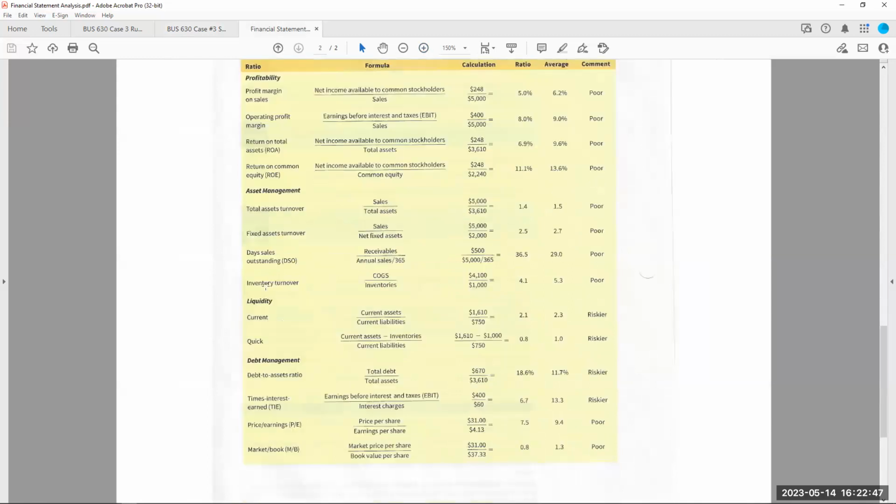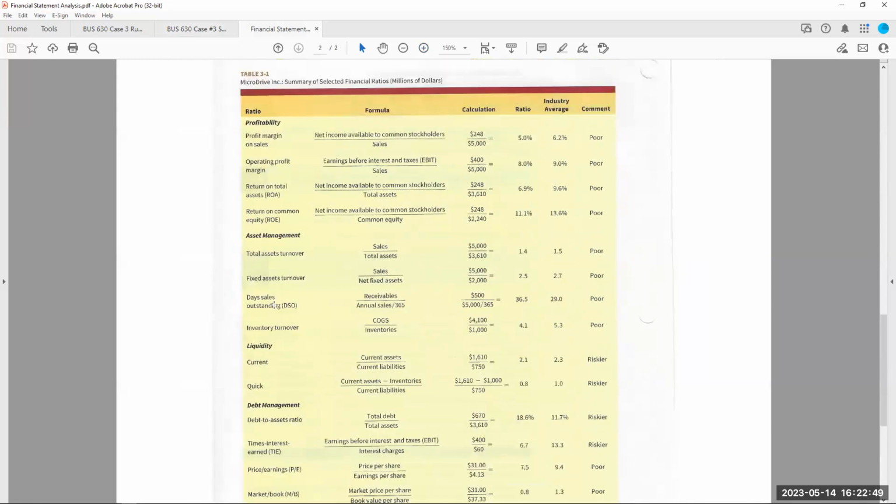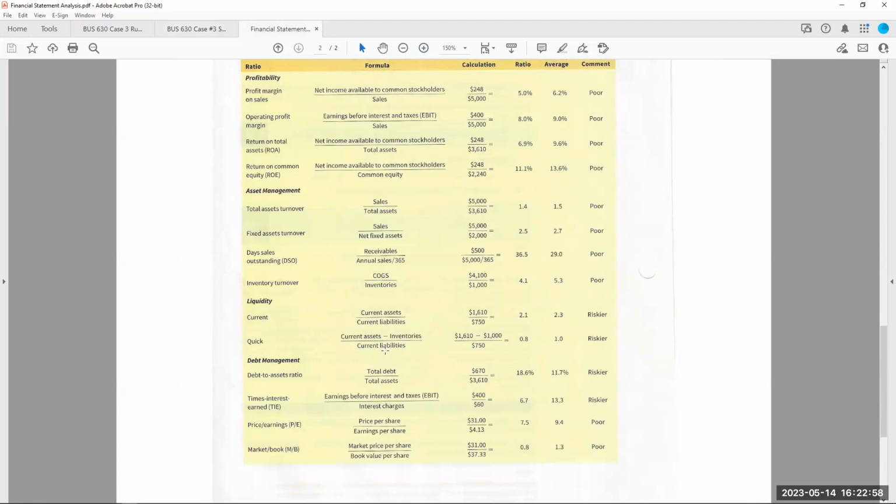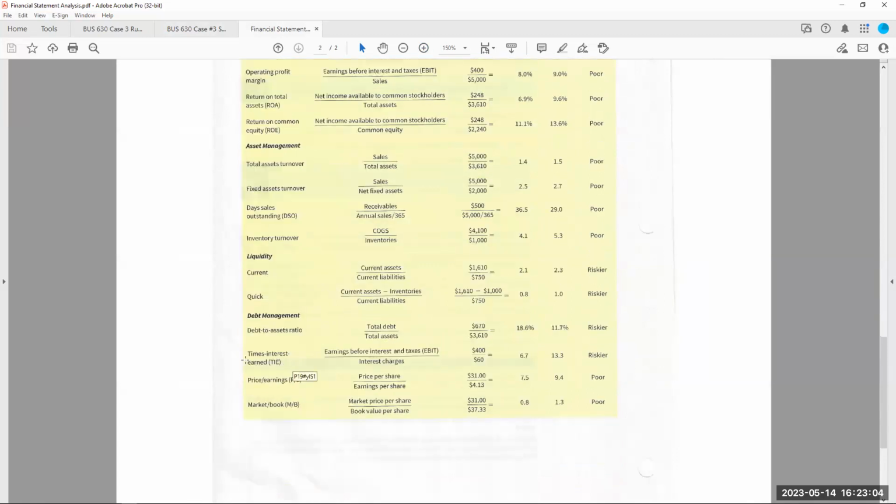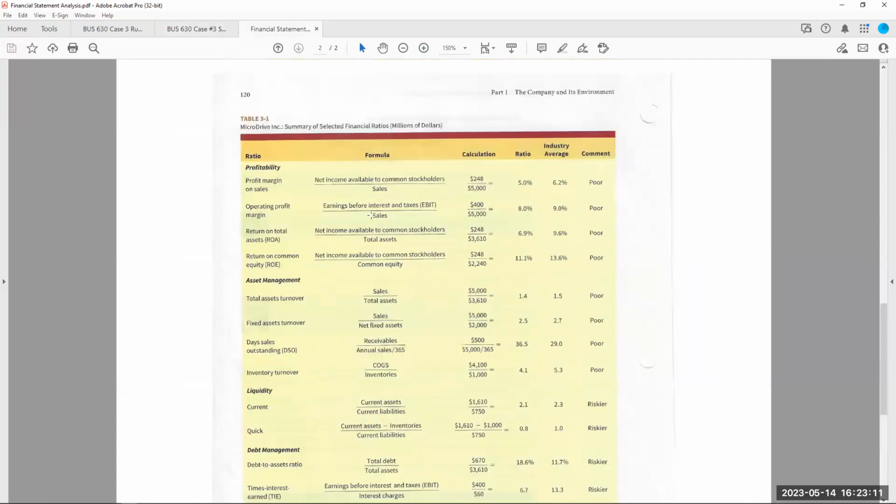So you are to select one equation from profitability, one equation from asset management, one equation from liquidity, probably the current ratio, and one equation from debt management. So you're going to present 4 analyses of these various areas.